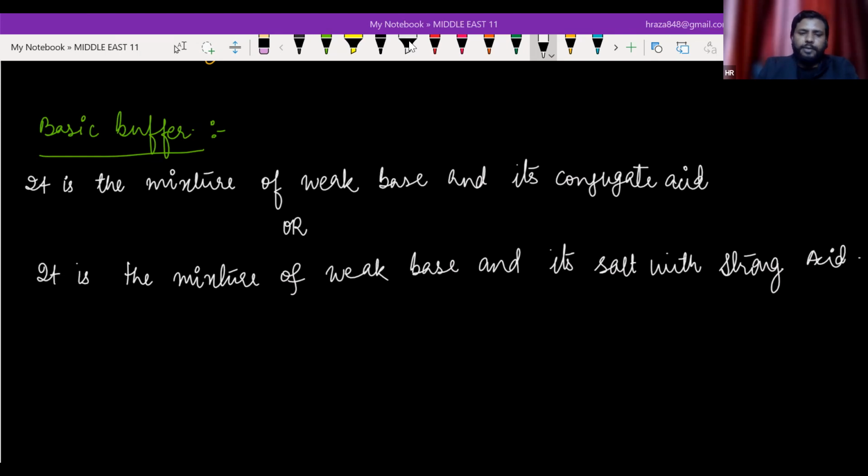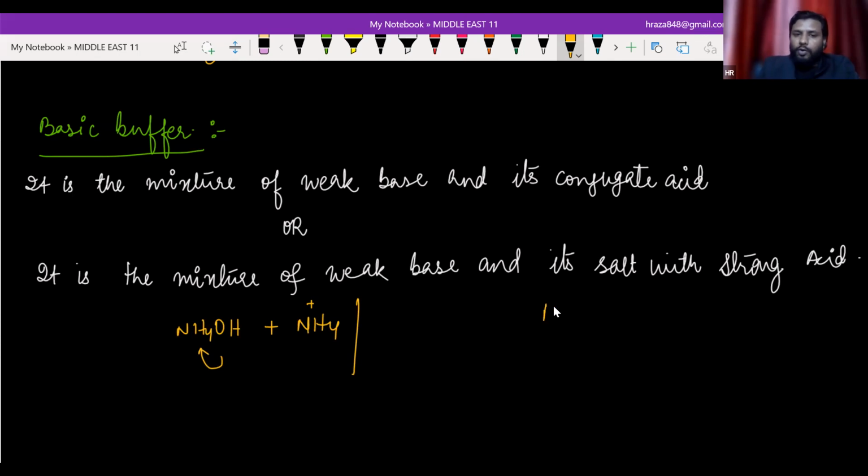Now, taking an example of this, just focus. The base should be weak, so I'm going to take a weak base with its conjugate acid. What is its conjugate acid? When we add H plus to this, it will be NH4 positive. Either the mixture of a weak base with its conjugate acid, or the mixture of a weak base with its salt with a strong acid.